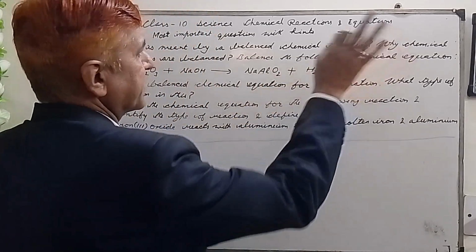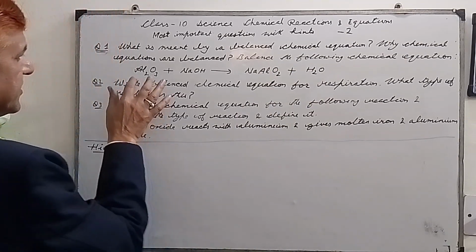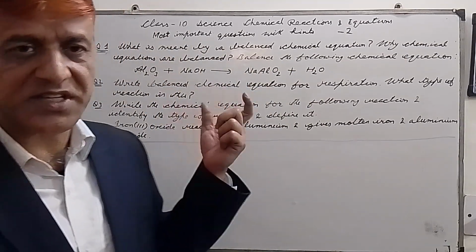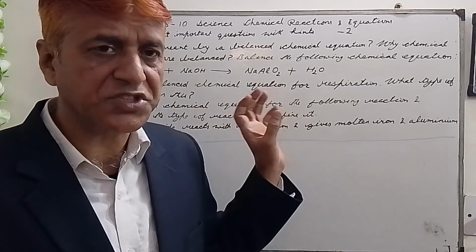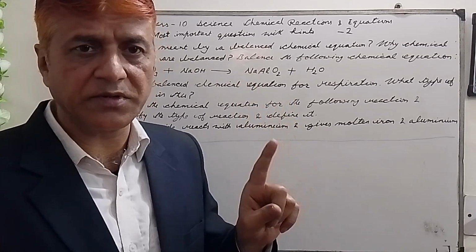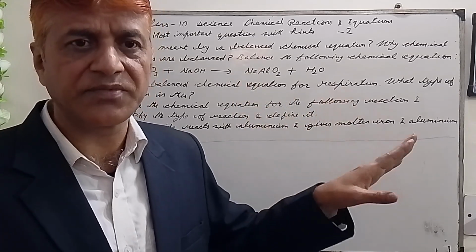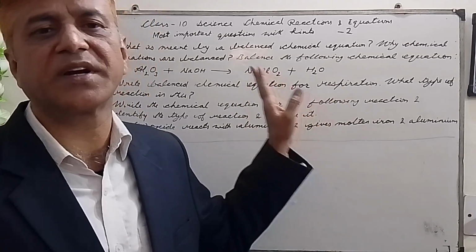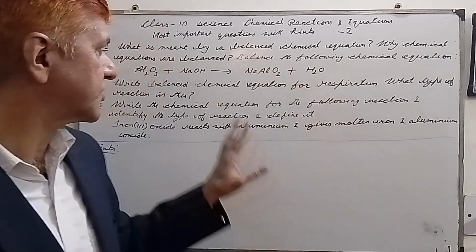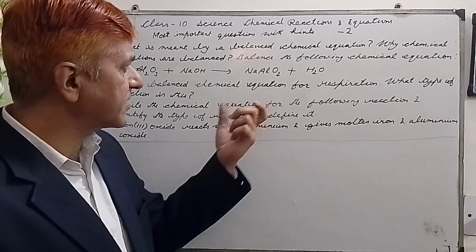What are the main steps of balancing a chemical equation? First, we balance metal atoms, then non-metal atoms, and hydrogen and oxygen atoms are balanced at the end. So these are the steps of balancing a chemical equation.